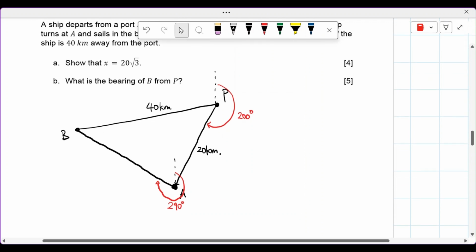So the first thing that I notice is that because of the bearings, 200 degrees, this angle here is going to be 20 degrees, and also this angle is going to be 20 degrees here.